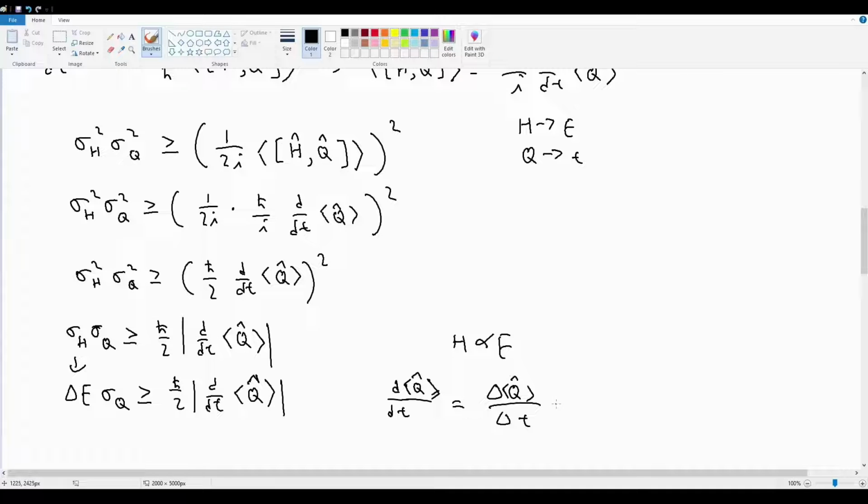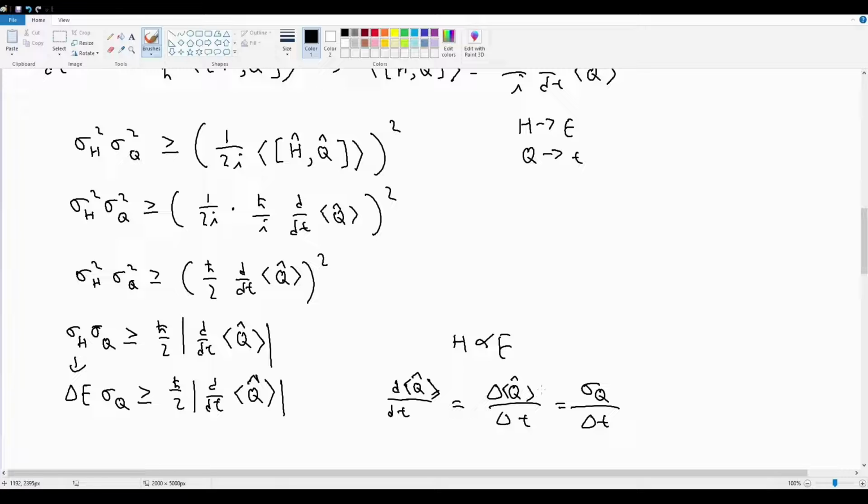So let's suppose that delta of the expectation value of q hat is going to be sigma of Q. So let's suppose that the derivative of the expectation value changes such that in some time delta t, sigma of Q is equal to the change in the expectation value of our observable.